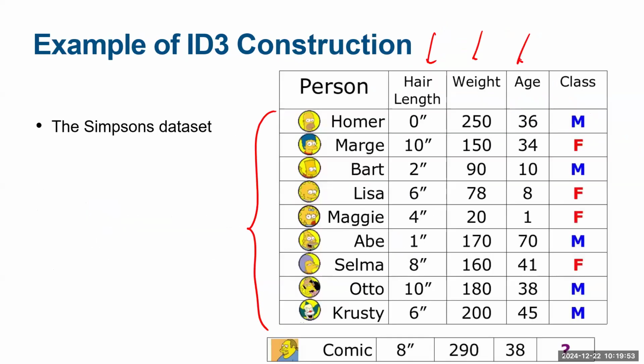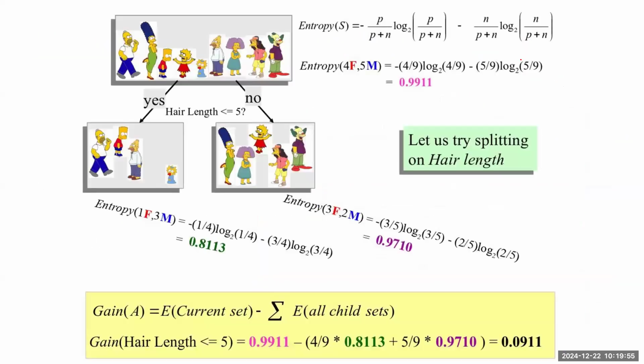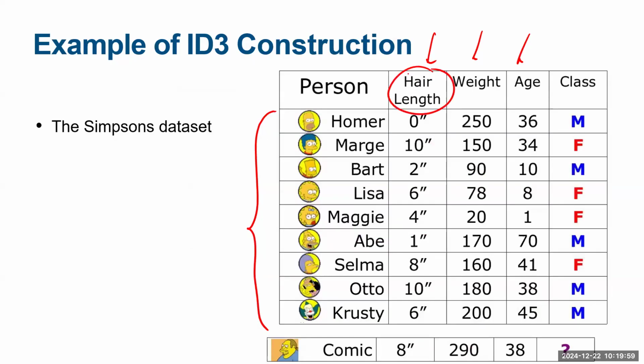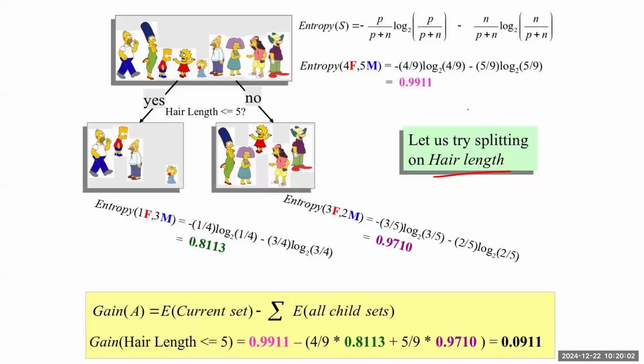So I can start with the hair length, basically my first attribute. So the hair length, let's say I split with 5, less than or equal to 5 or greater than 5.